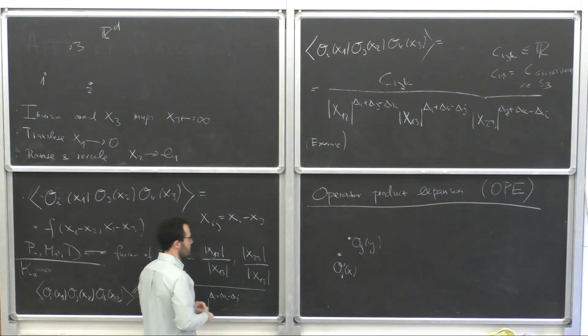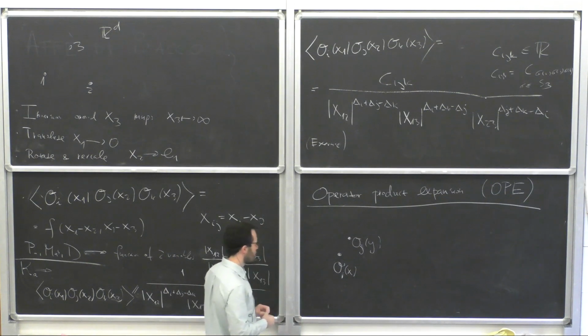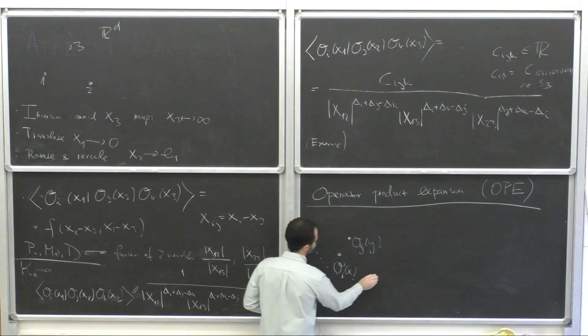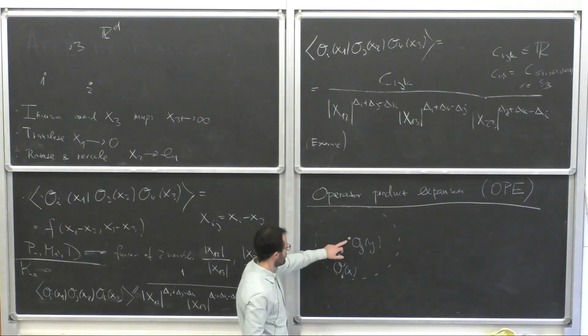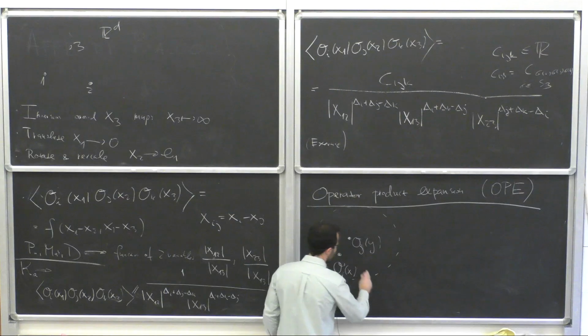So the way to think about it is that we'll do radial quantization around this O_J. So we have O_J at Y quantized on a unit sphere.